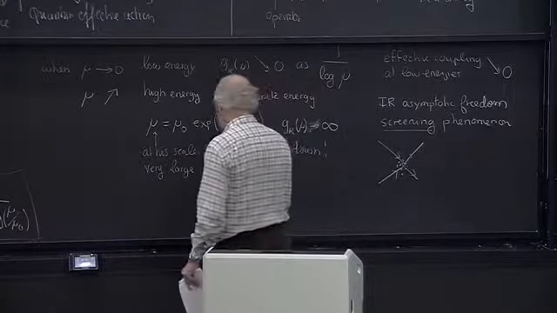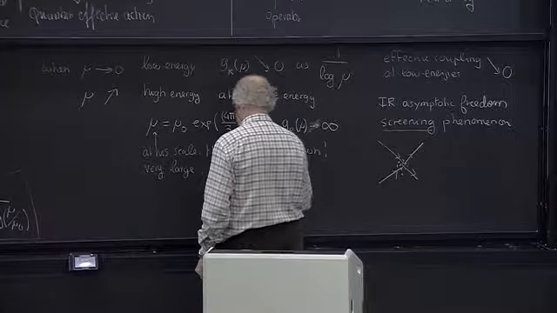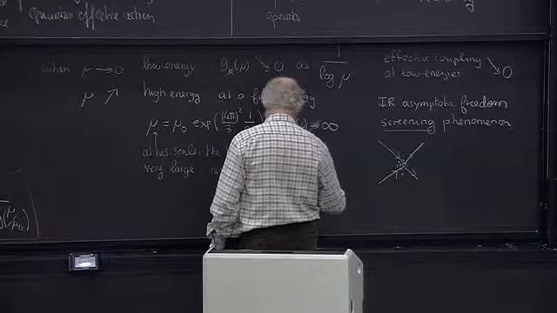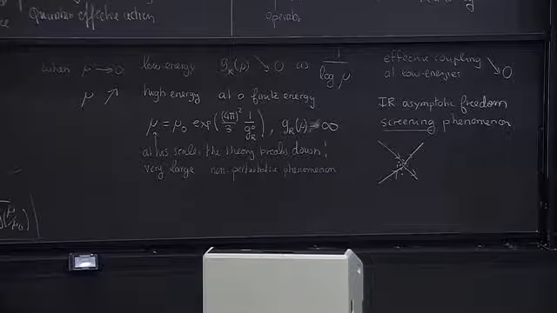So it's a non-perturbative phenomenon. And it's a non-perturbative phenomenon because if you take this formula and you expand it in powers of g, you see the pole only if you sum up the infinite series in g_R.